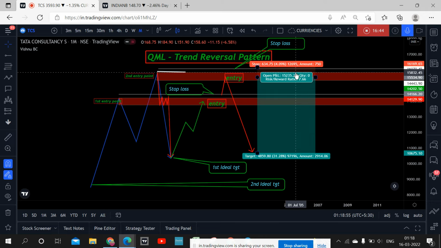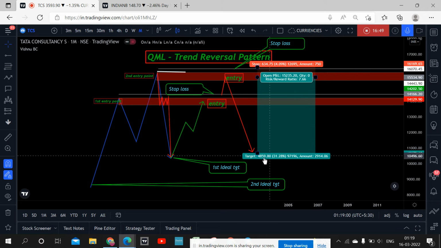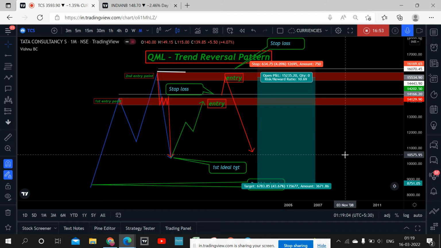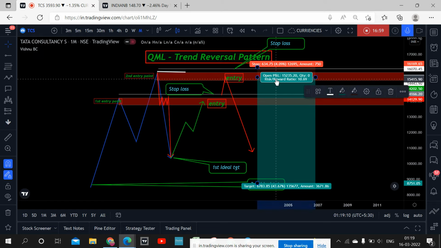Your first target only, your risk reward ratio is 1 is to 7. And if you go for the second target, it's nothing but 1 is to 10. Okay, so this is Quasimodo with very less risk and a high reward.